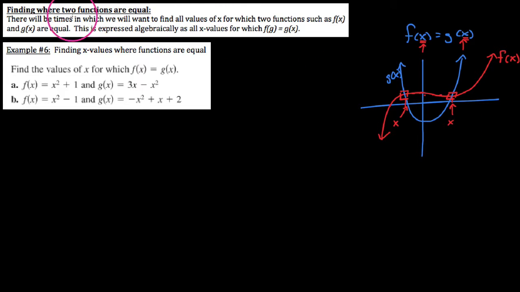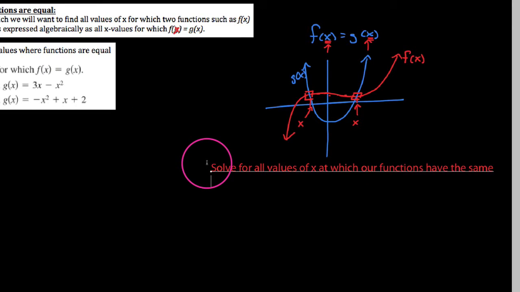And so when we go and look for the solutions to f of x equals g of x, which I noticed I should have written as f of x equals g of x, what we're really solving for are all the x values at which our graphs intersect. So we want to solve for all values of x at which our functions have the same y value, or function value.